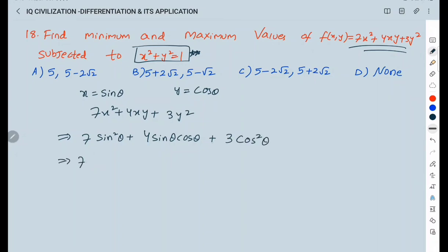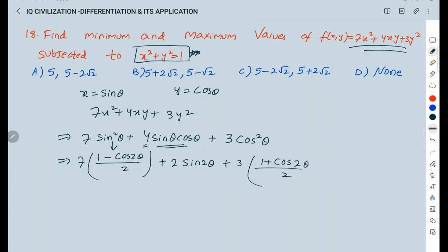So we need to turn this entire thing into a simpler form. 7 sin square theta I will write as 7 into (1 minus cos 2 theta) by 2. Plus 4 sin theta cos theta, I am writing as 2 into sin 2 theta, because 2 sin theta cos theta is sin 2 theta. Plus 3 into cos square theta, I already know the formula, 3 into (1 plus cos 2 theta) by 2.